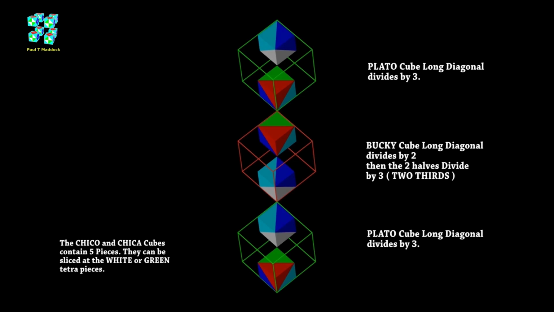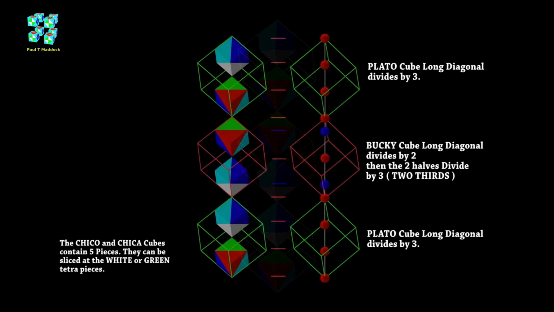Anyways, the reason for this video is to look into the slicing of this 3-dimensional system. So if you look in front, I've put 2 strings together, and it shows the slicing of the Bucky and the Plato. Notice the Plato splits into 3, and the Bucky splits into 2 and then splits into 3.